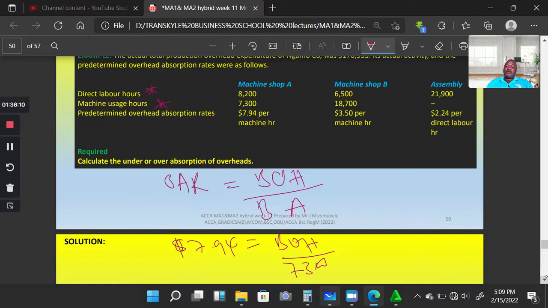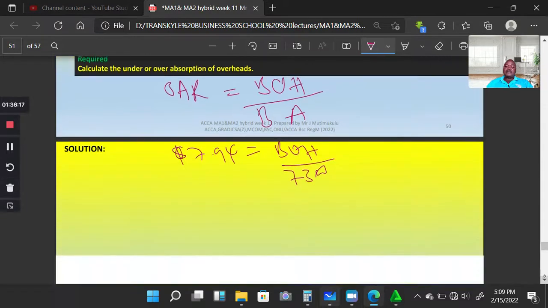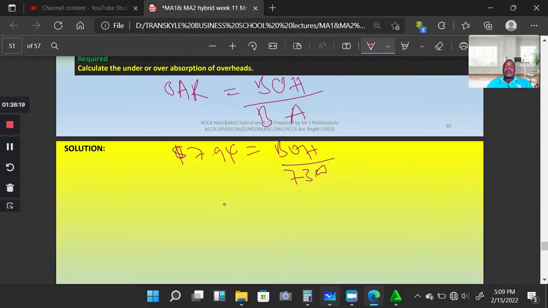So if we make BOH the subject of the formula, we are saying that, therefore, BOH, budgeted overheads, is equal to $7.94 multiplied by 7,300, and we get how much?